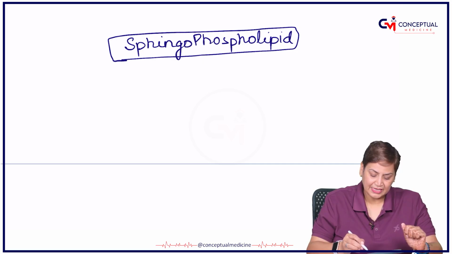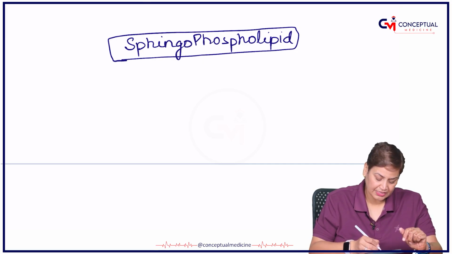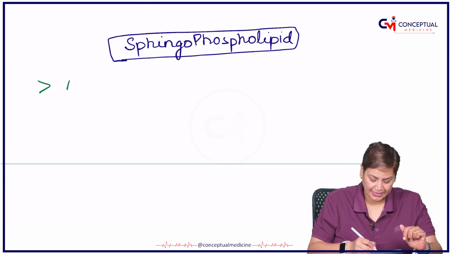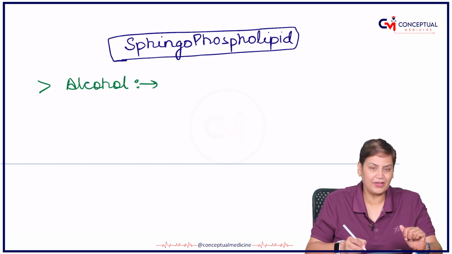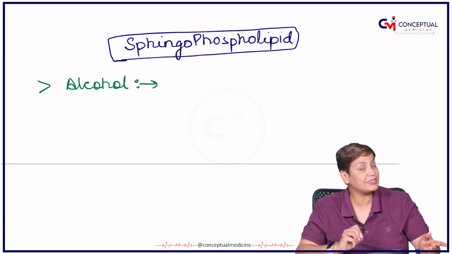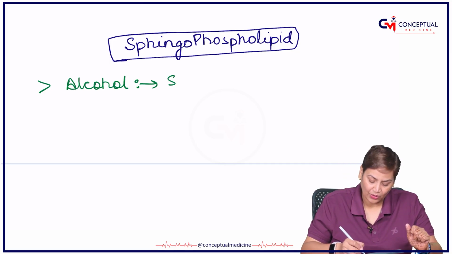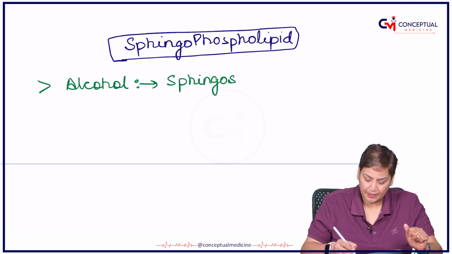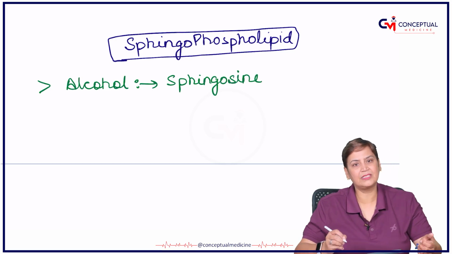This sphingo word is coming from the alcohol, and the alcohol is sphingosine here. Very, very important. There the alcohol was glycerol. Here the alcohol is sphingosine. Now what is this sphingosine?